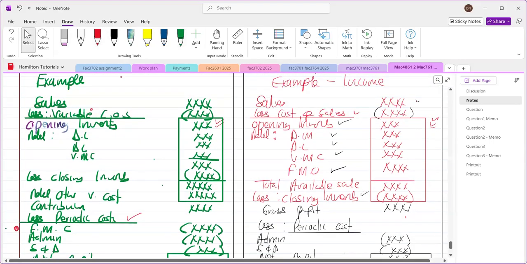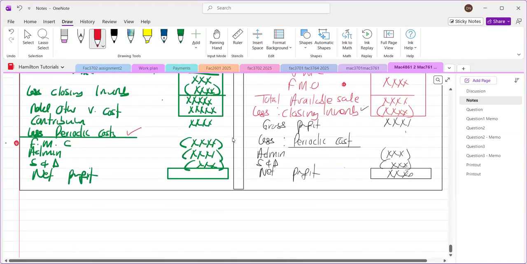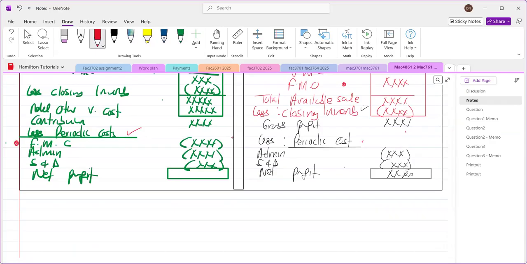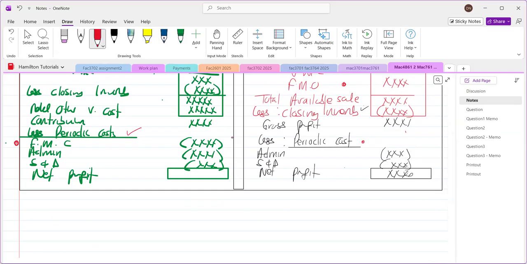But when we use the other method, it is included before the calculation of gross profit, which means it is included in the calculation of cost of sales. So when you say periodic cost, it is no longer going to be included there because it has been accounted for. So that's the main difference between the two calculations that you must be aware of.